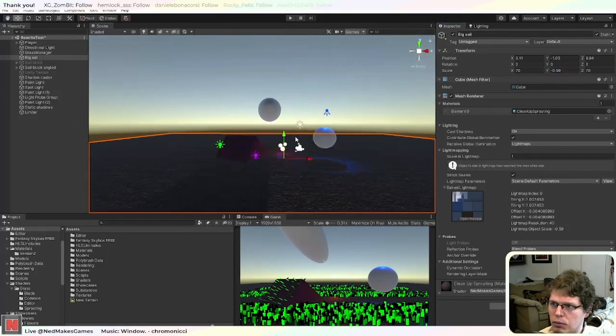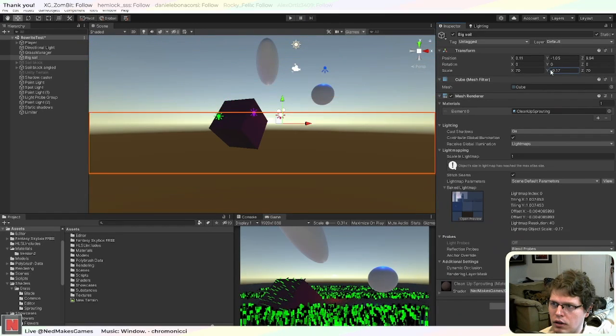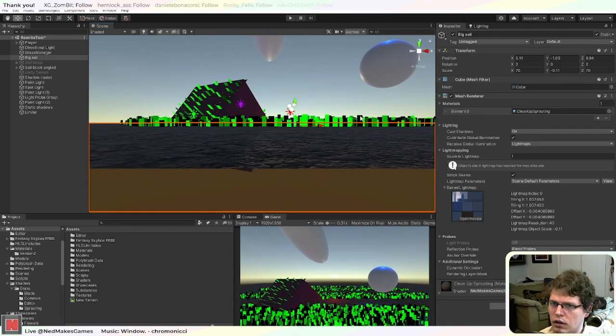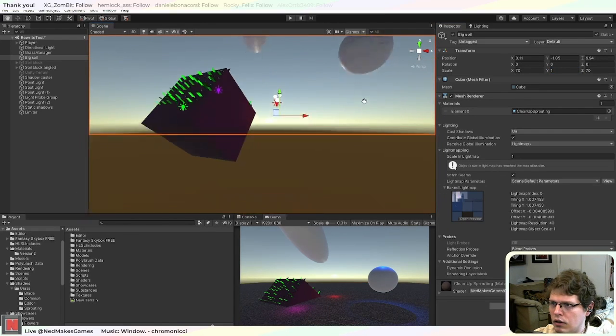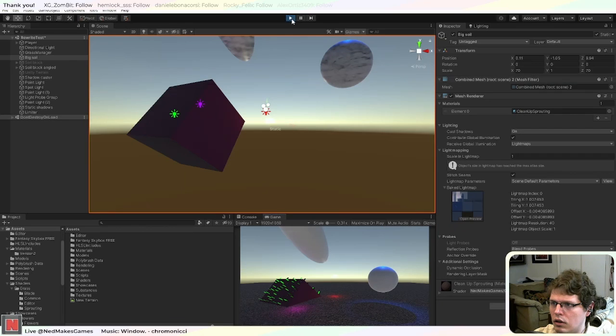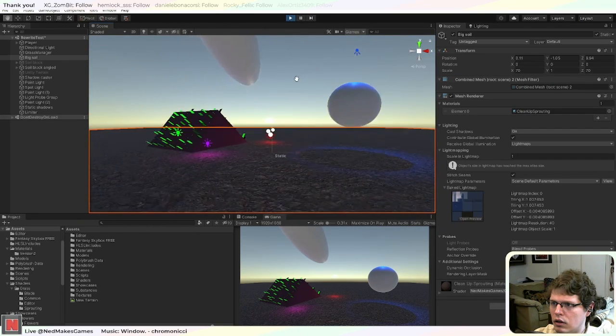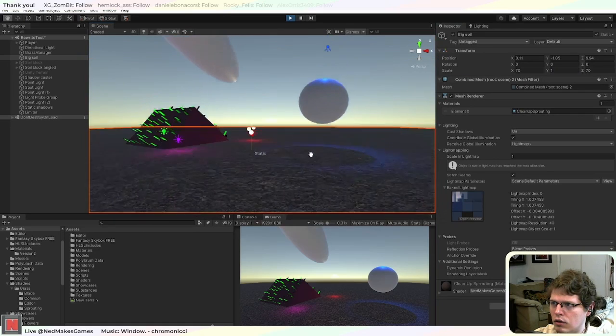So it shows up when I scale it, when it has a negative Y scale. So that makes me think, is it inside the ground? But I should still be able to see it. Oh, it's static now, so.